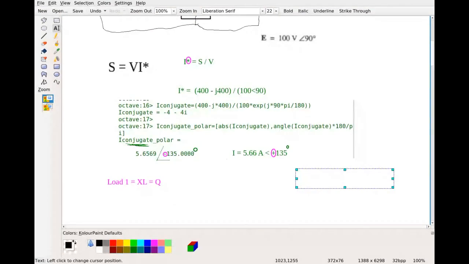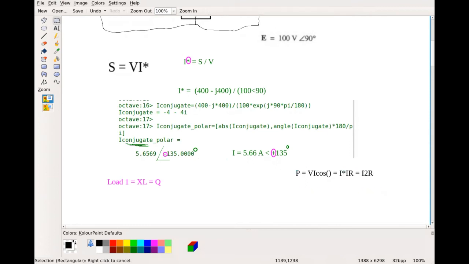Okay, and so as we talked before, we had power is equal to V times I times the cosine of the phase angle. Or you can always look at it as I times R, which is Ohm's law, which gives you I squared R. Okay, that's I squared there.